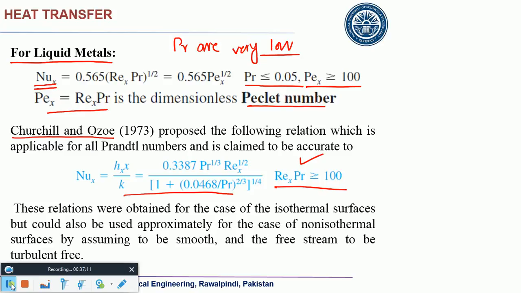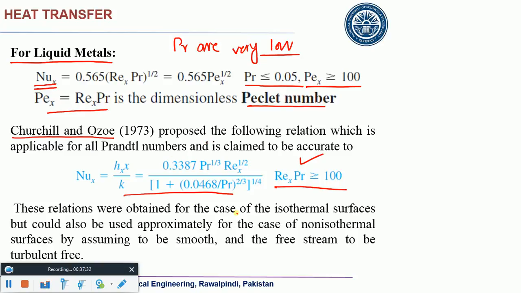Why? Because this is considered as the textbook for this portion of our course. Otherwise you may find all of those relationships are correct, no problem at all. As long as you are considering those limitations, all the relations are giving you acceptable results. But don't make your own during the exam.